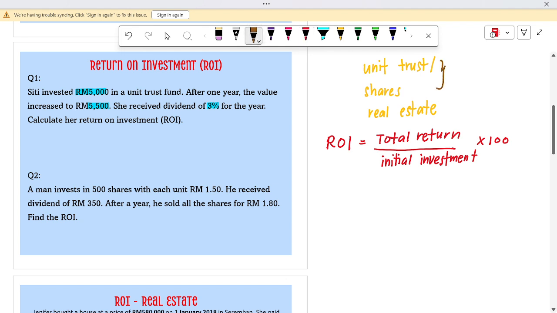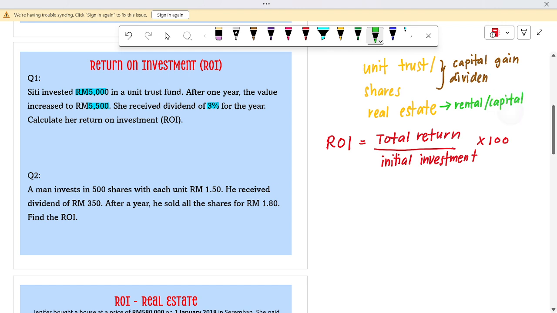Unit trust and shares both will give you the return in the form of capital gain and dividend. Whereas for real estate, you will get your return in terms of rental and capital gain.